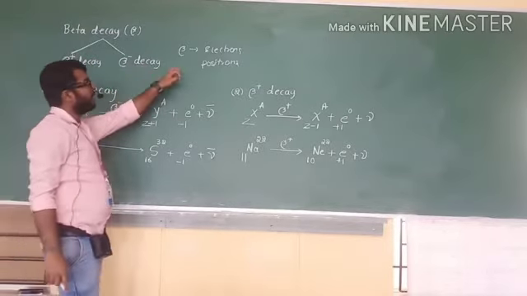The process of emission of electrons or positrons during nuclear decay is called beta decay.